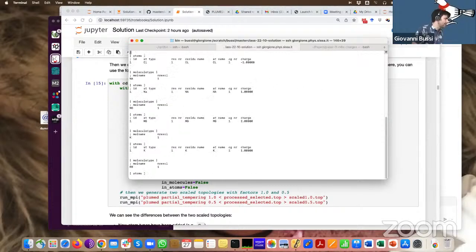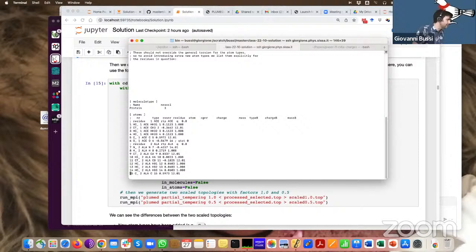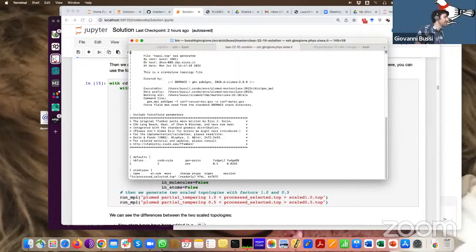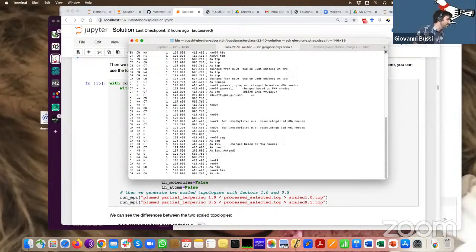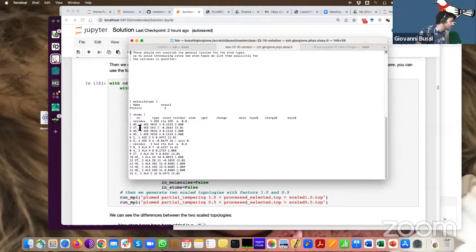So let me just go down to the adenine, which is here. Sorry, this is selected. Is it that one? Yeah, because I produced this with my script, so there are other differences. Anyway, the only difference is that here I added an underscore to the name of the atom.